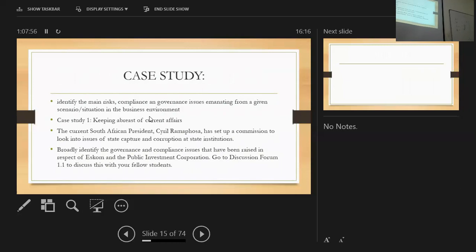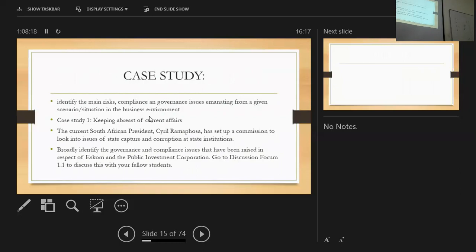Now, in the exam or wherever in the assignment, and as we look at these things, you need to identify the main risks, compliance and governance issues emanating from a given scenario or situation in the business environment.